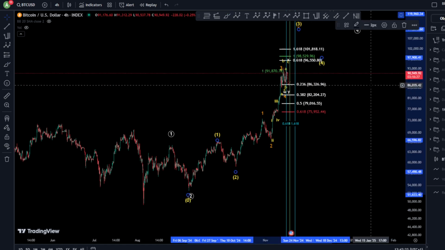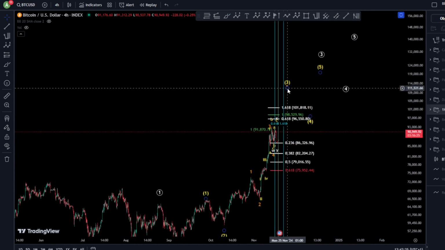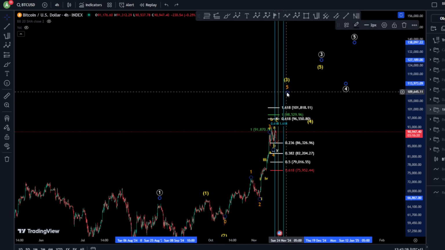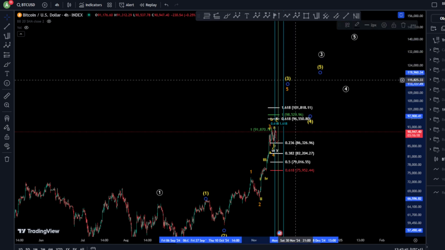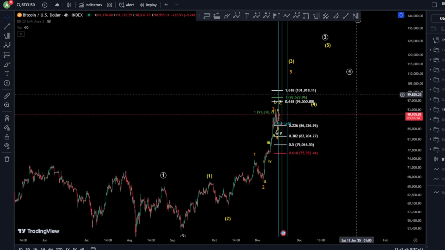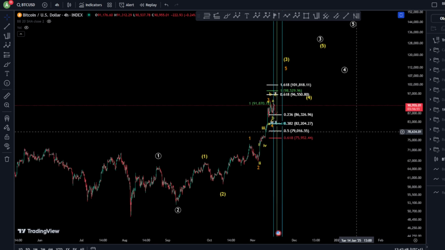Because someone is asking me when the bear run or the bearish scenario will start after this big move, I think it's very far. We are very far from getting down now for Bitcoin.